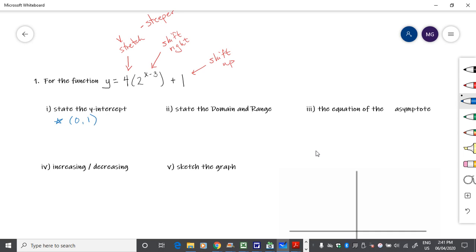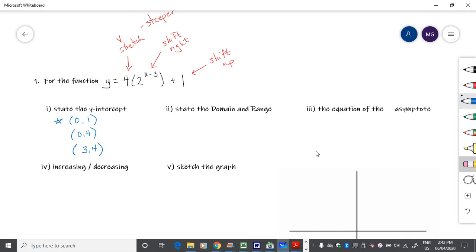And so my y-intercept would then go from (0, 1) to (0, 4). If I was to go through and shift my graph, well, that's going to move my graph to the right. And as soon as I move that graph to the right, notice it is no longer my y-intercept.